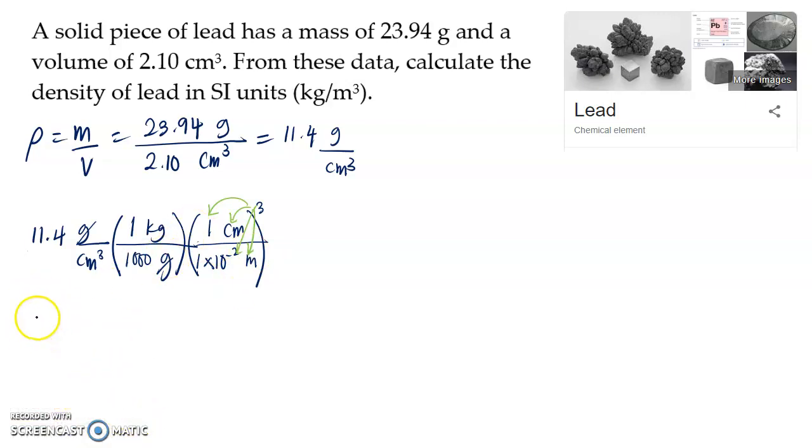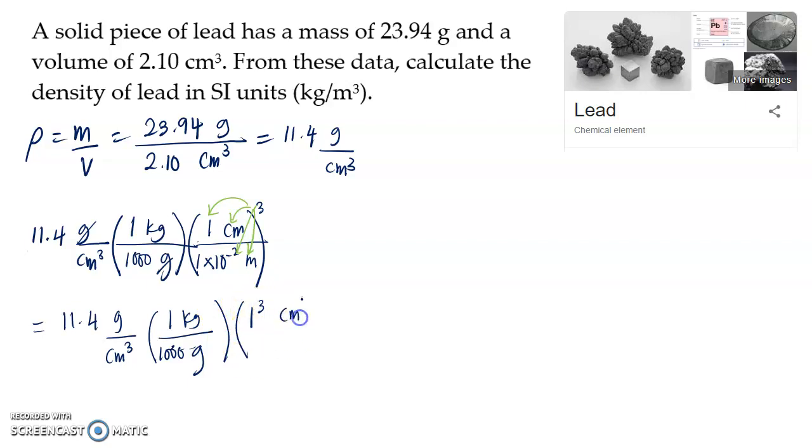So what happens next is I can write down 11.4 gram per centimeter cube, and then we have 1 kilogram over 1000 gram, and then we have 1 to the power of 3 cm to the power of 3 over 1 times 10 to the power of negative 2, all to the power of 3, meter to the power of 3.